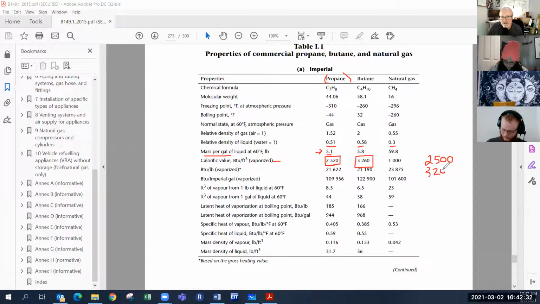Just so you know, there's a little bit of variance there. And then natural gas, 1,000 BTUs per cubic foot, and those are the calorific values. Does it make a big difference with that little amount? We will use these numbers, Brittany, 2,500 and 3,200. So it's not a big difference. I mean, we're talking about 20 BTUs.